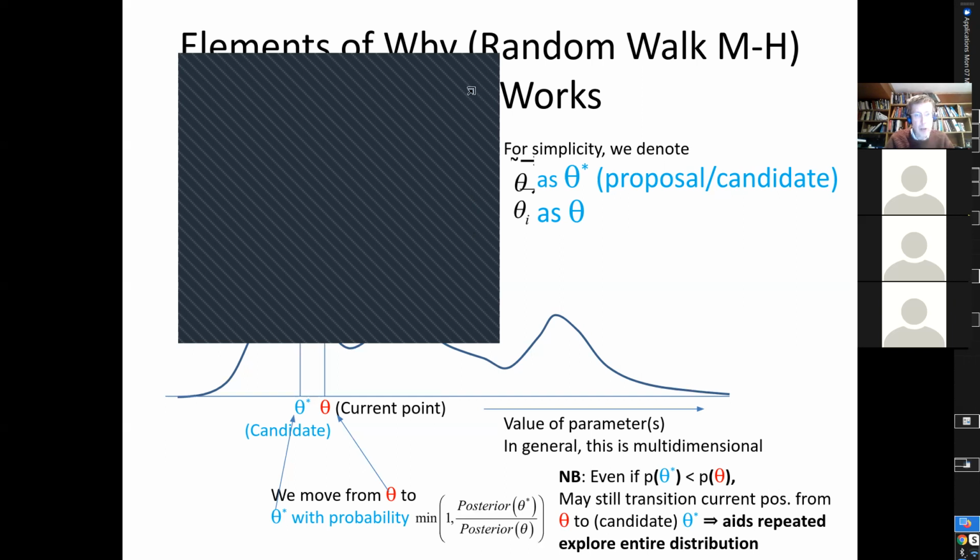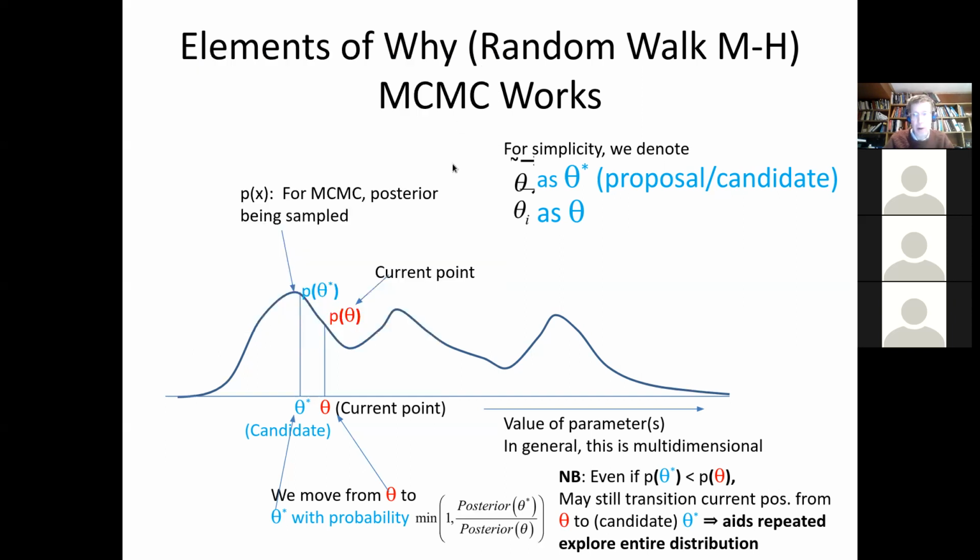Well, it's actually the ratio of the posterior distributions, and it's actually not two distributions. These are both in the same distribution. We're just evaluating the probability here compared to the probability here. This is the same posterior distribution.